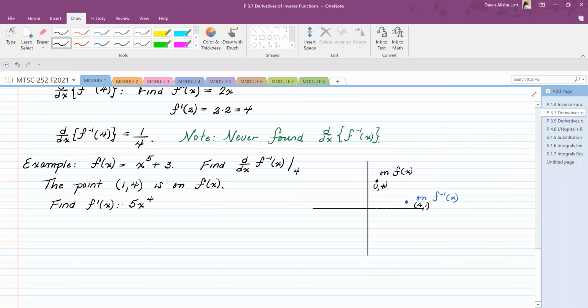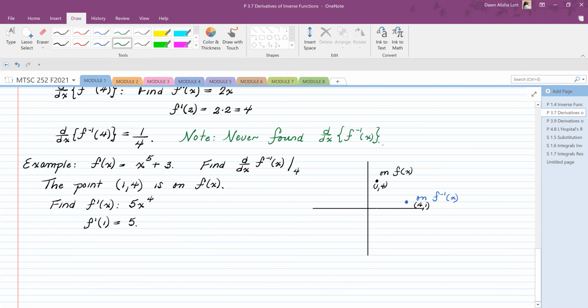That gives me 5x to the 4th. Now find f prime at 1. That gives me 5. So I found the derivative of the original function and found its slope. So its slope going through this point is 5.